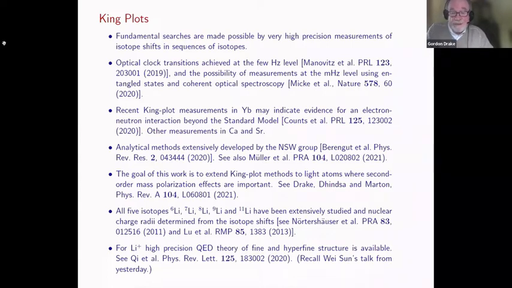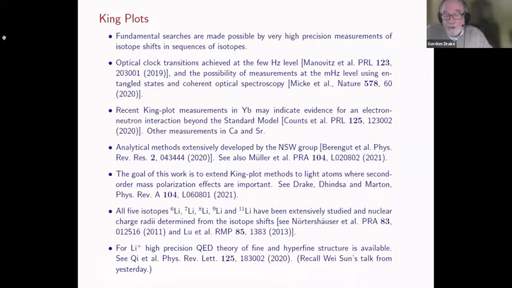A recent King plot measurement in ytterbium may indicate evidence for an interaction beyond the standard model. Other measurements have been done in calcium and strontium. Analytical methods have been extensively developed by the New South Wales group.